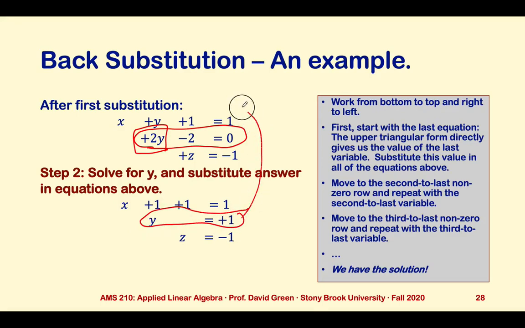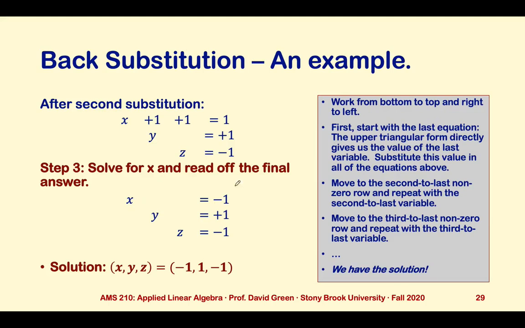After evaluating y equals +1, we substitute the remaining value of y in the first equation to get the first equation now in this form. We're now ready to solve, again shifting our attention up to the first row. The first row now has a single variable in it.